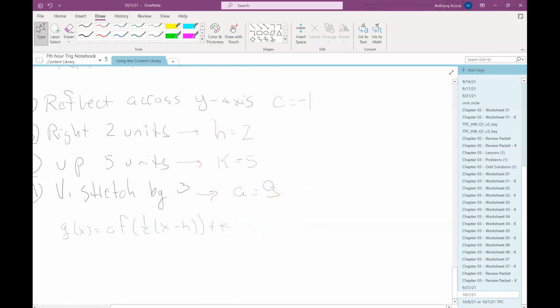So in this case where C is -1, nothing else is going on. So A is 1, H is 0, K is 0. In this case, H is 1, C is 1, and K is 0. A is 1, C is 1, and H is 0. C is 1, H is 0, K is 0.